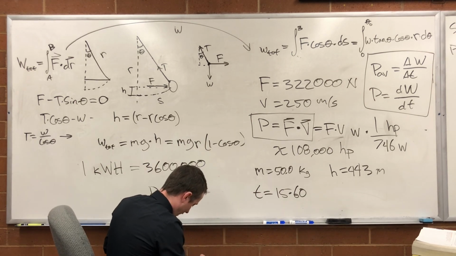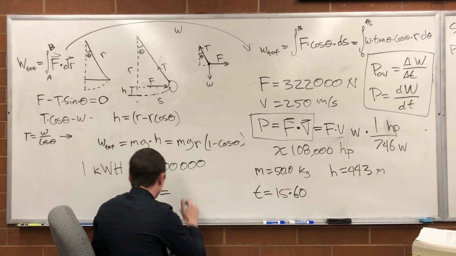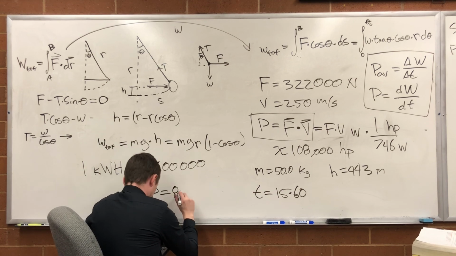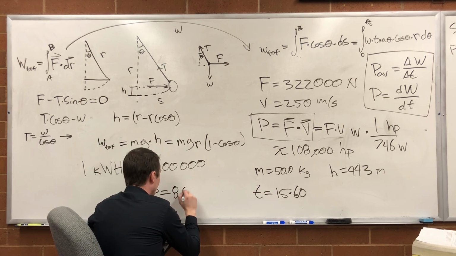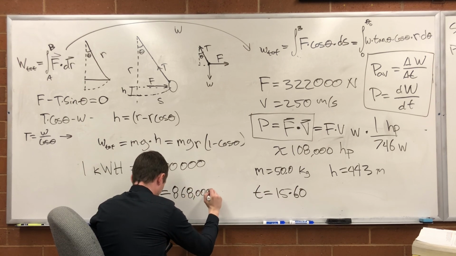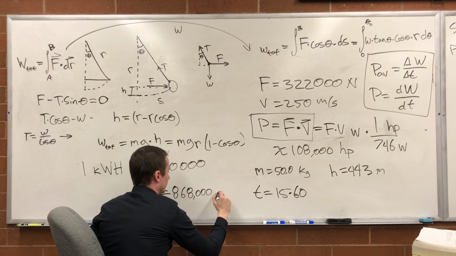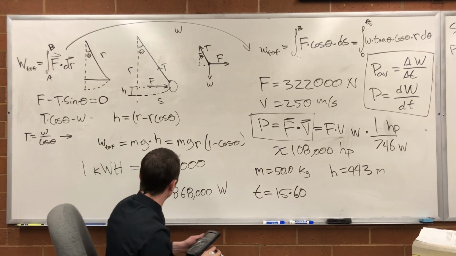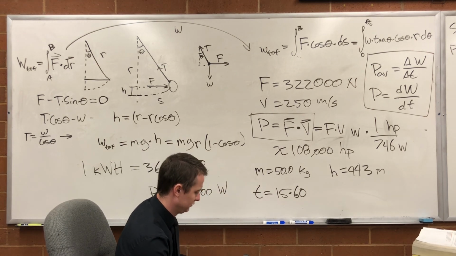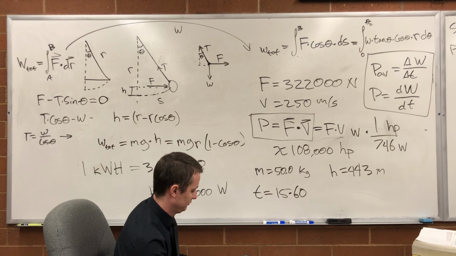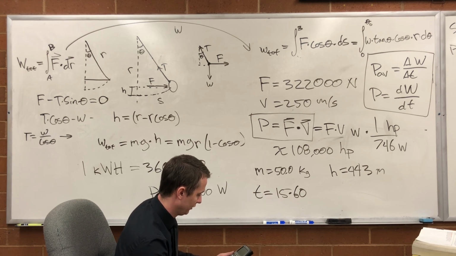And we get that her average power was, I think we had 3 significant figures, 8,6 thousand watts. Okay, now, I did something wrong. That's way off. I forgot my parentheses there.